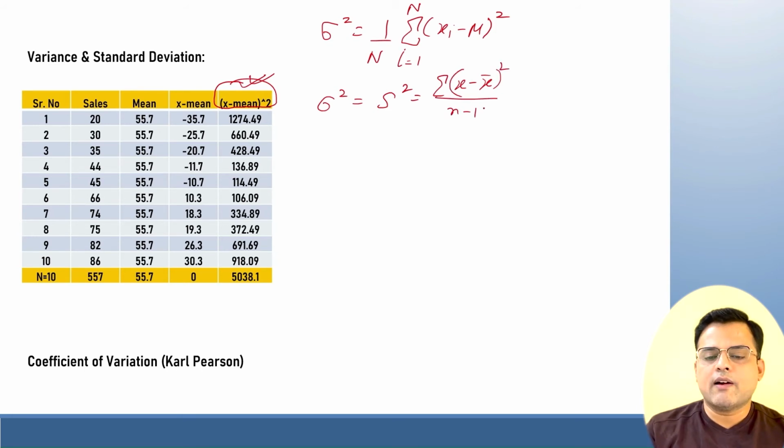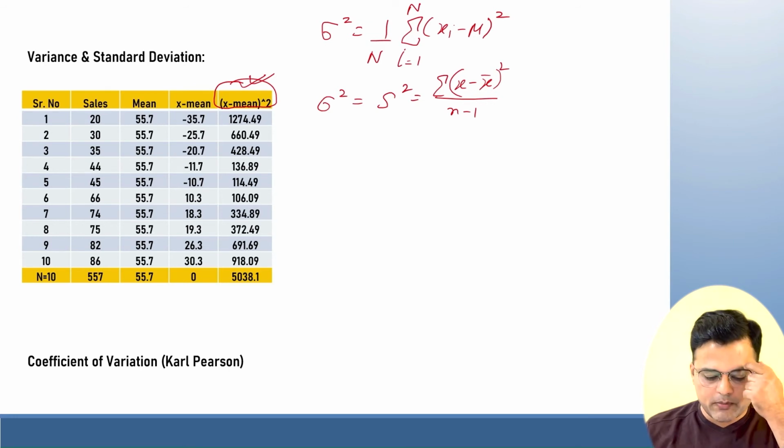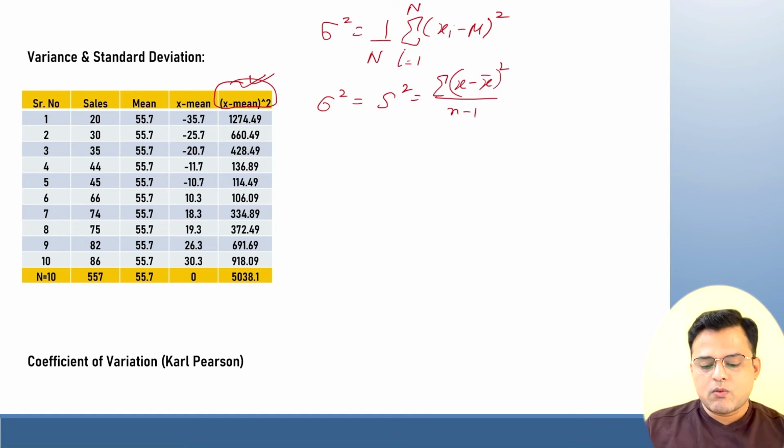And why do we divide by n minus 1 in case of a sample? The reason is, if the sum of the squared deviations about a sample mean is divided by n, then it invariably causes a bias on the actual value. When we are estimating the population variance from the sample variance, it will be low.